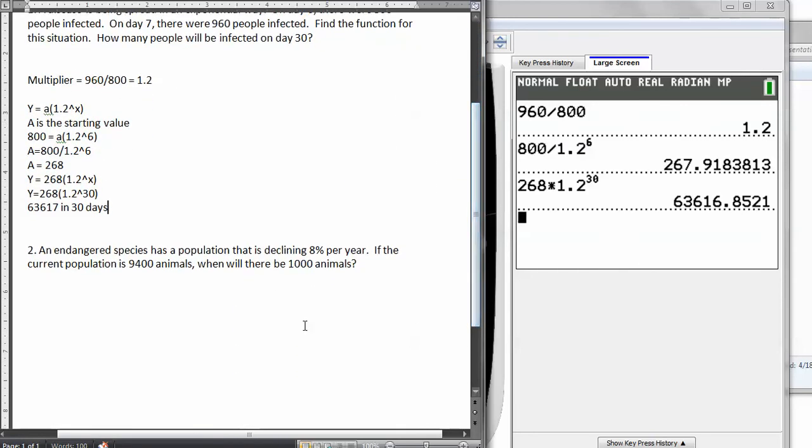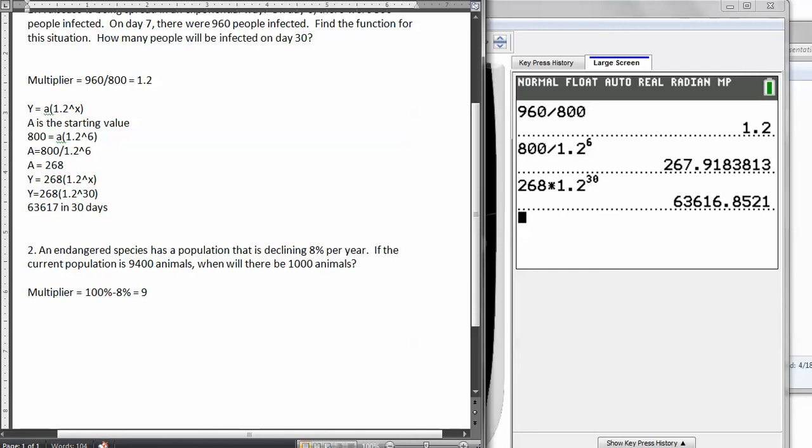We'll do another one here where there's a little different thing going on. We have an endangered species that's declining 8% per year. This relates to the multiplier. The multiplier is what's left of the 100%. So we'll take this 8% away.